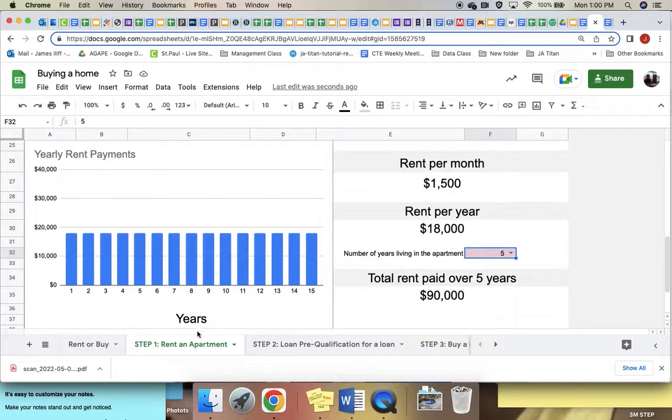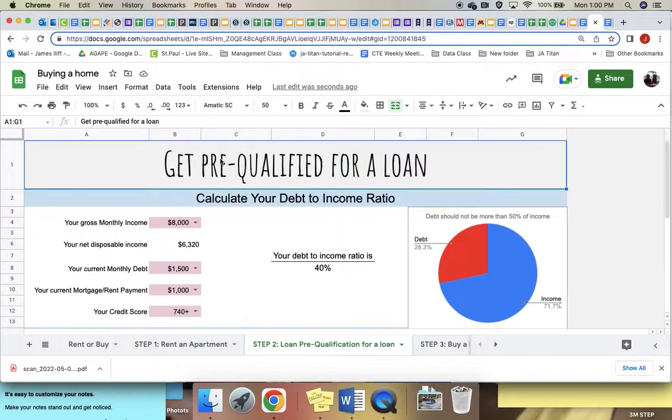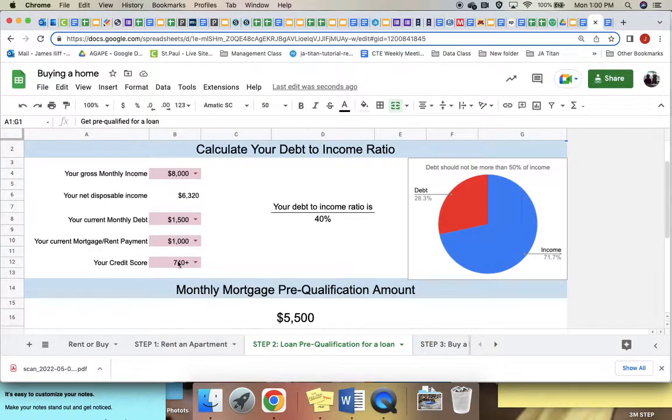All right, so they found an apartment for their aunt. Now they want to explore renting or buying a home. Well, the first step there is to get pre-qualified for a loan. And so they're going to come in, they're going to put in some information about their income. Again, this is all built out in the scenario.